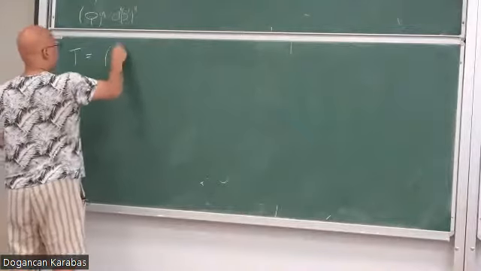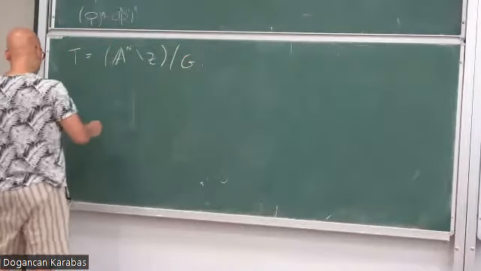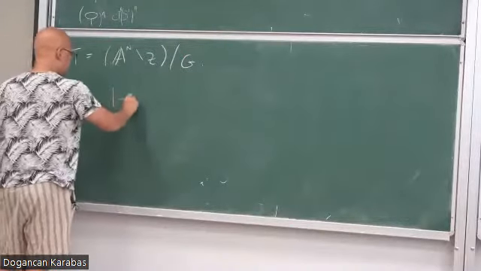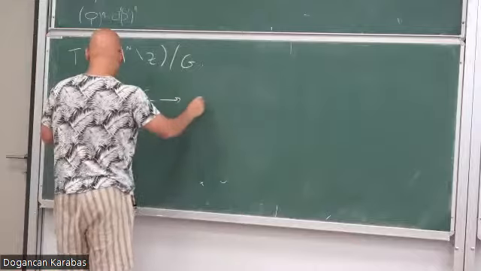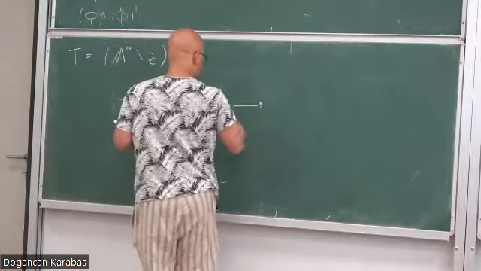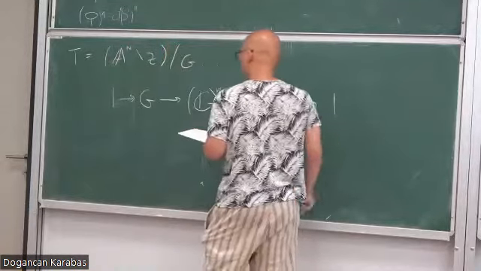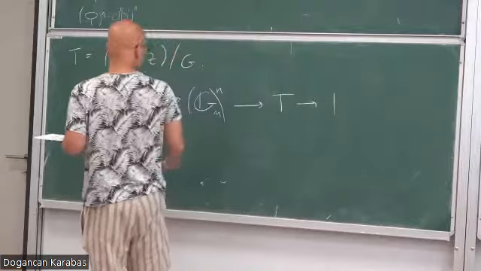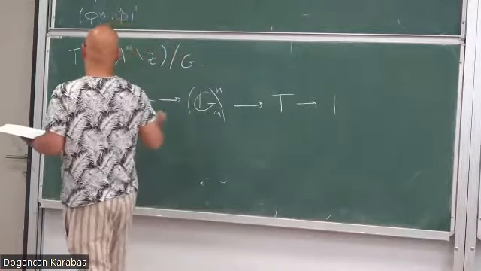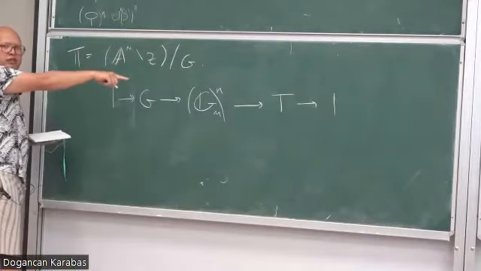It's supposed to be some A, Z mod some group G. And let's write this kind of sequence 1 to G. It sits inside this multiplicative group. This is a different T. This is a compactification of this torus T.